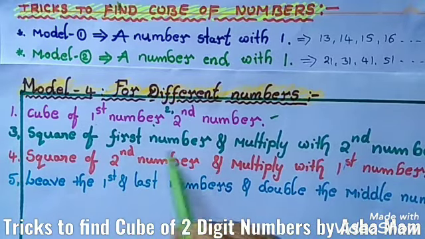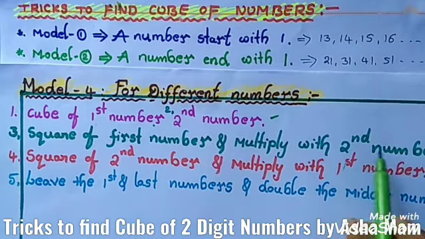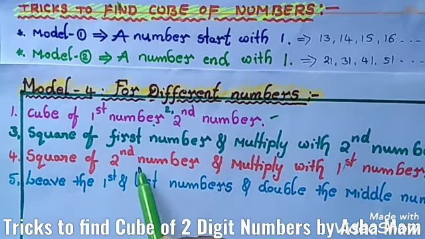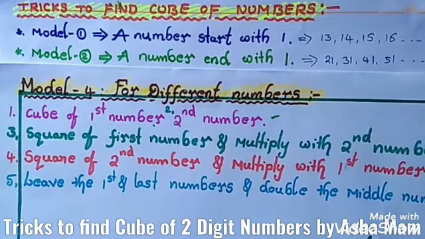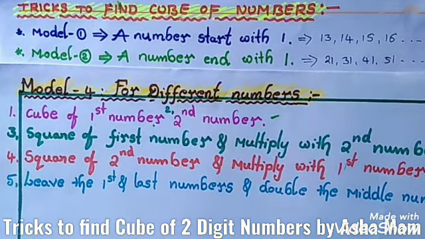Now square the first number and multiply with second number, and square the second number and multiply with first number. Leave the first and last numbers and double the middle numbers. If you read like this, you may get confusion very easily, and let us see some examples, then only you will have an idea about this.